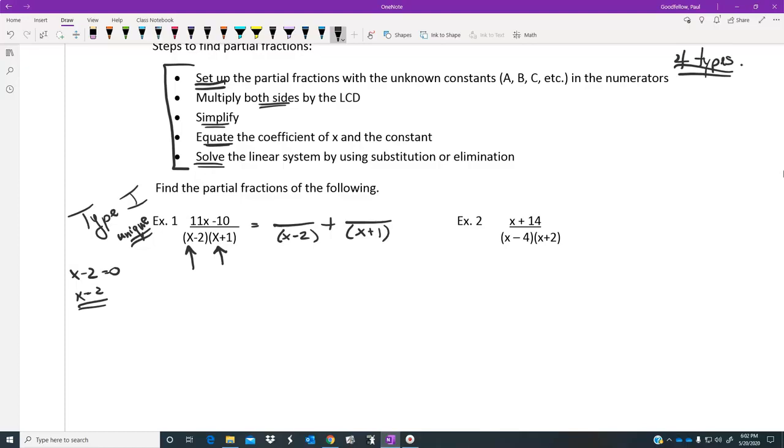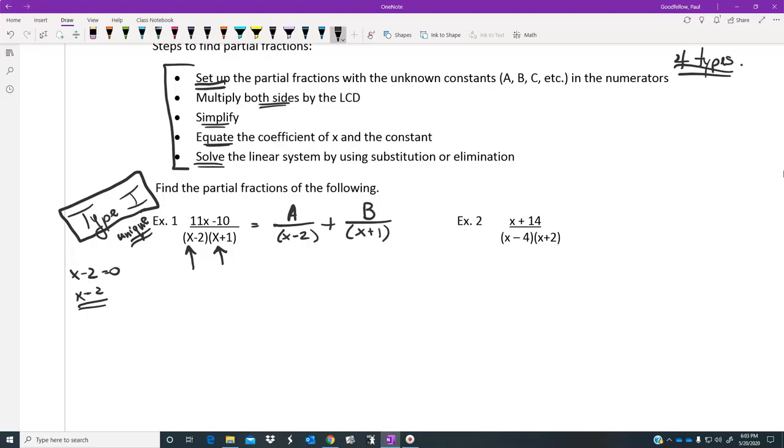You're going to separate the denominator into 2 separate unique values, and in a type 1, you're going to put an A value upstairs on this one and a B value upstairs on this one. You absolutely have no idea what those 2 numbers are supposed to be, and that's what the solving part's going to be. So a type 1 is always set up with a broken denominator, and you're going to end up putting A's and B's in the top.